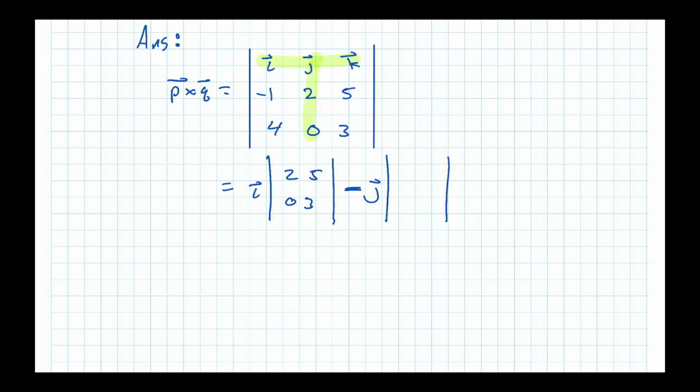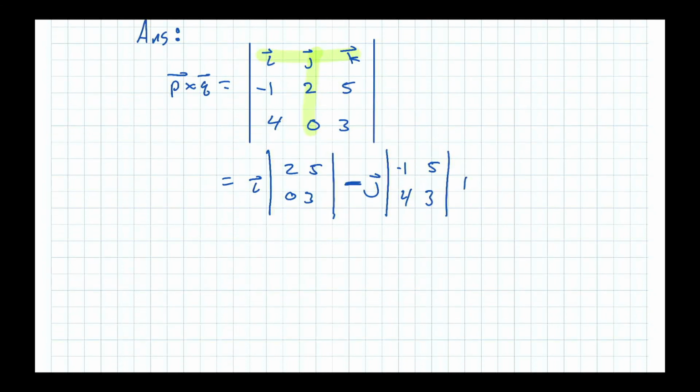Middle one. So -1, 5, 4, 3. I should say as well that normally I wouldn't be highlighting them like this. You do that in your head typically. And then for the last one, you've got -1, 2, 4, 0.